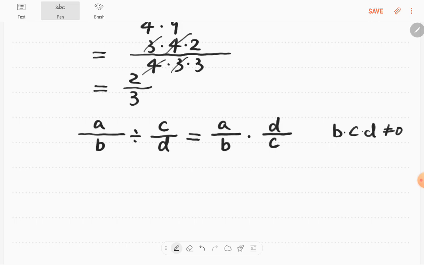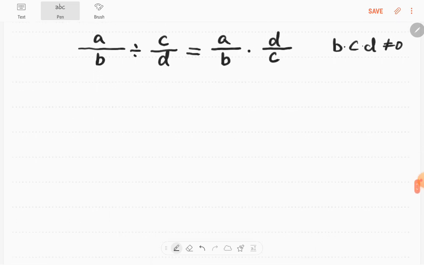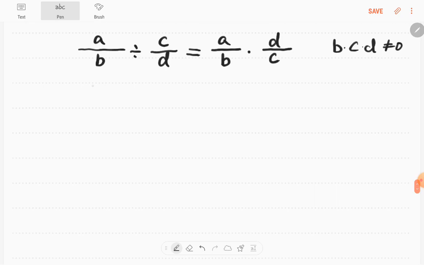So let's check the example. Here we want to do 4 over 5 divided by 5 over 16. So we switch our division into the multiplication.